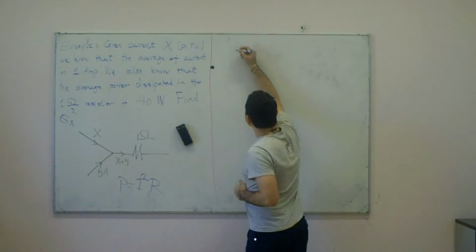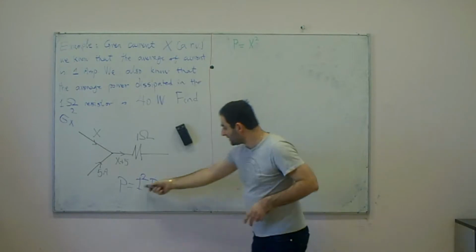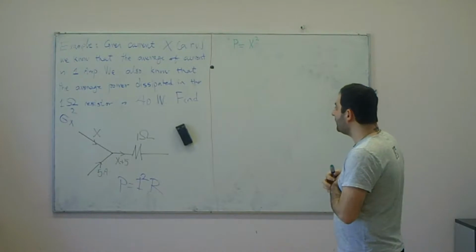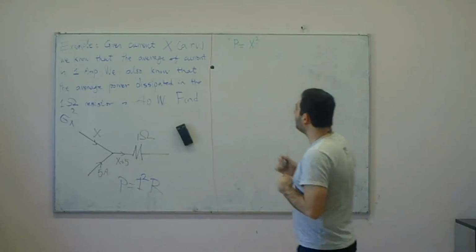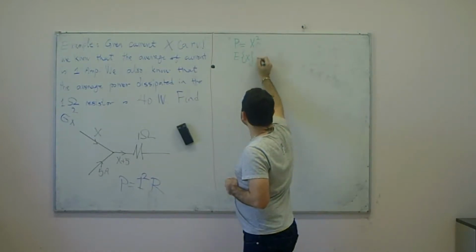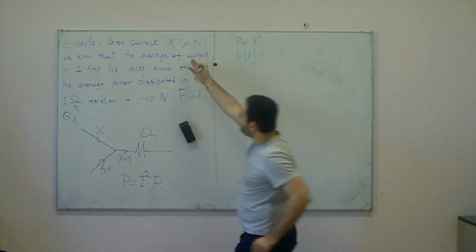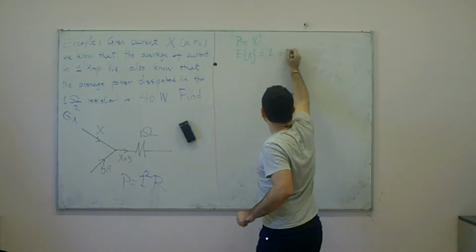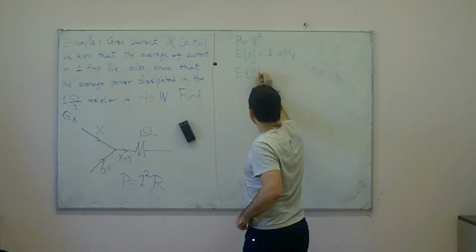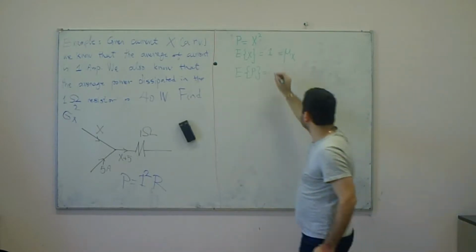So, what is power? Power is I squared multiplied by R. R is 1. I is x. What do we know? We know that E of x is equal to 1. It's given. The average current is 1. This is mu x. E of P is given, it is 40.